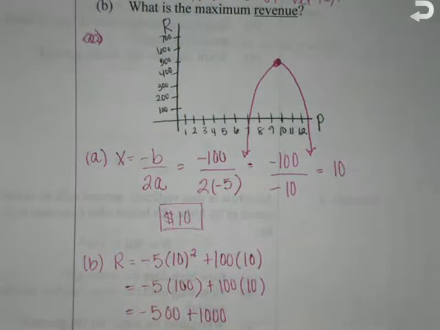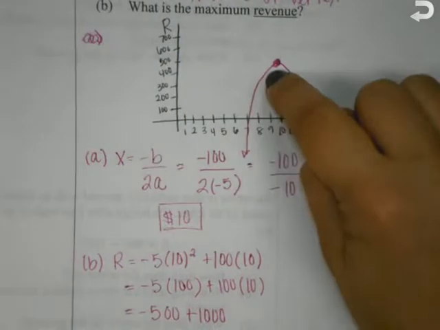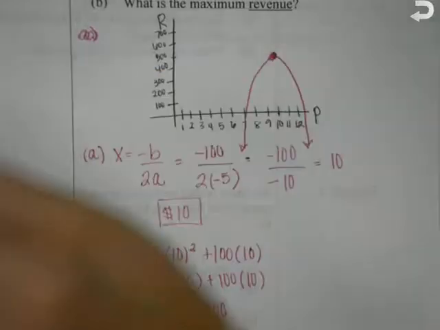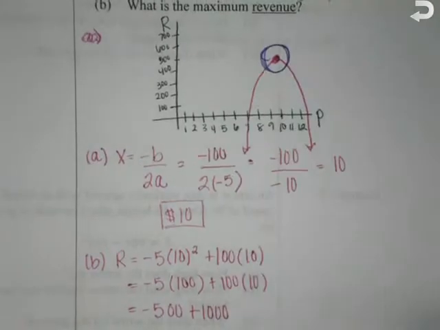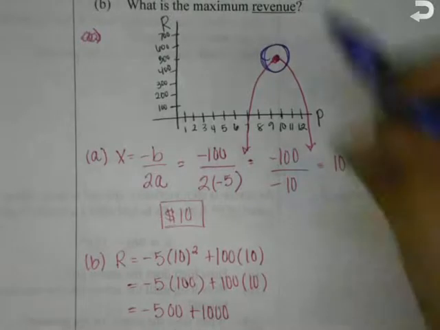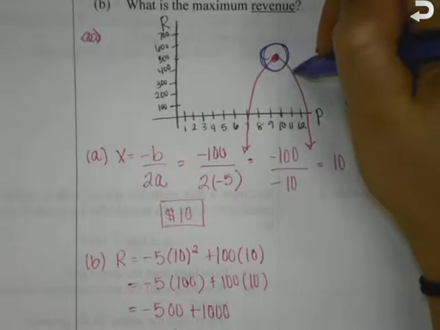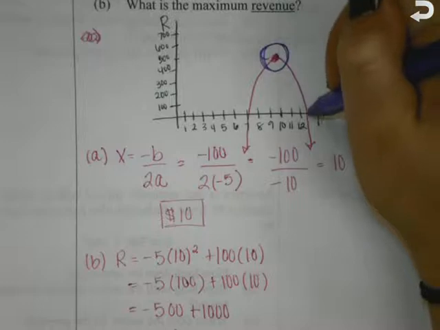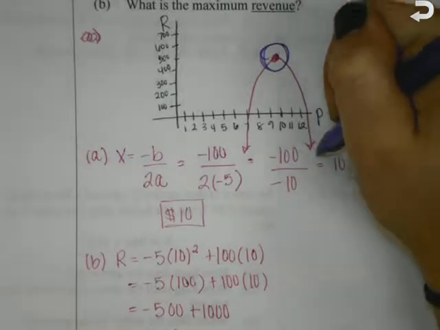But there comes a point called your maximum point where as many people as possible are willing to pay that price. But as it starts getting more expensive, less and less people buy, and so your revenue decreases, right? Okay? We are looking for this point. That is your vertex and your maximum point there.